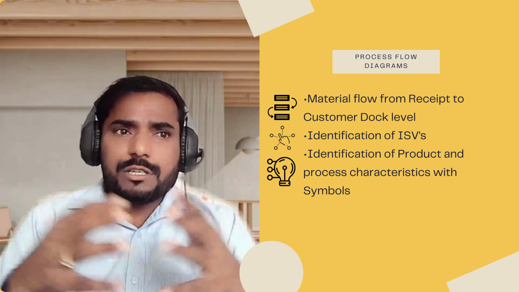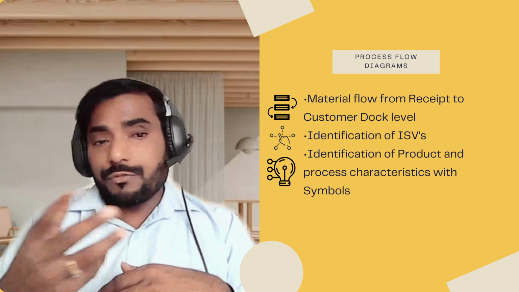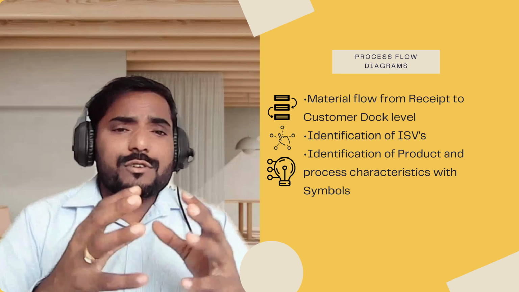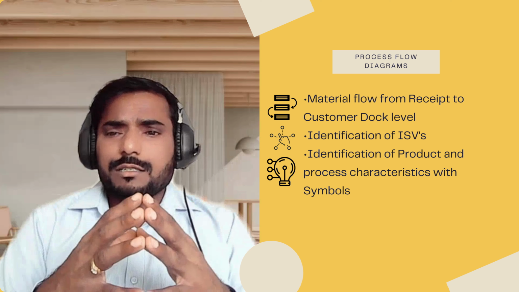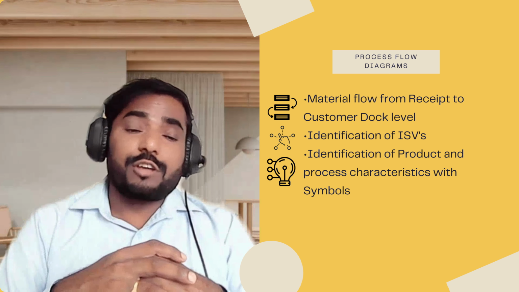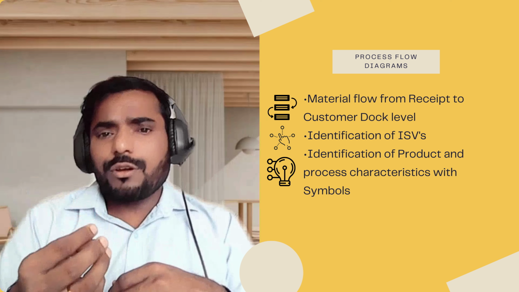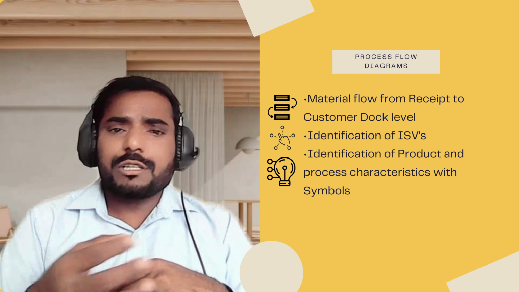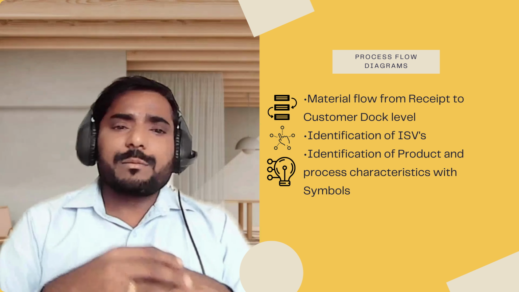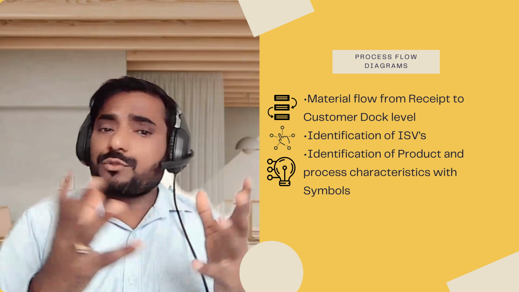How have they represented them with different symbols, and how easily is it understood by different operators? Basically, you need to understand how they have captured the whole sequence of processes. And for each process, you need to verify that they have captured the applicable product and process characteristics for each stage. So this is very important.